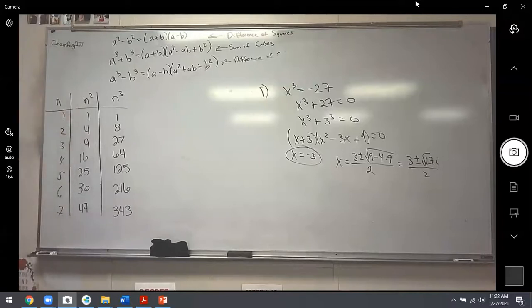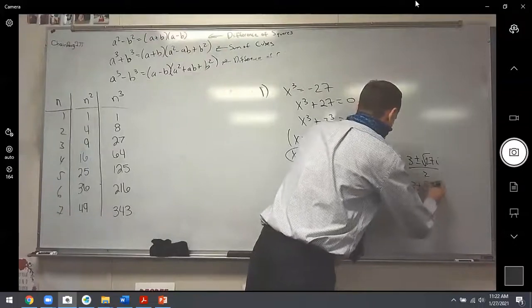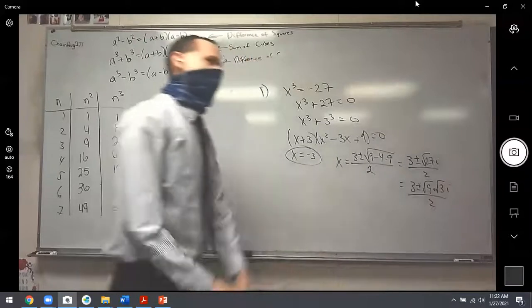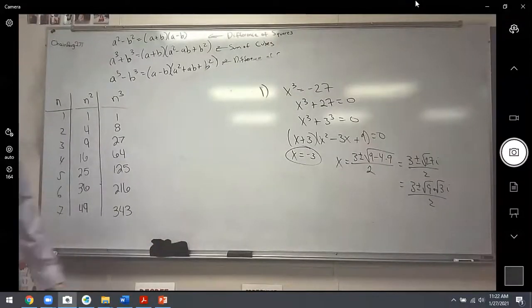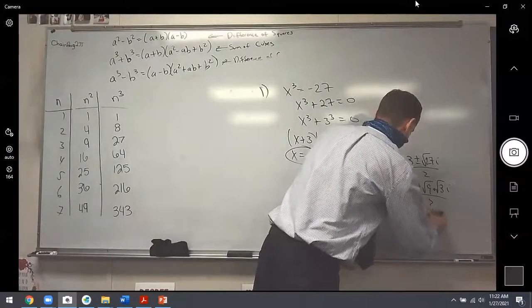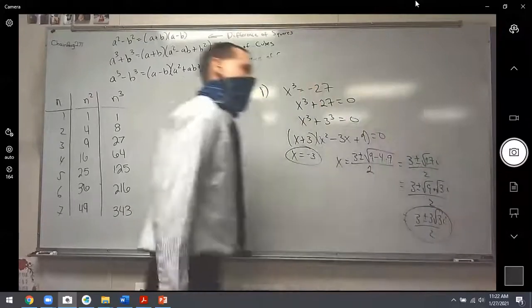And yes, 9 does. So I can do a little bit better. We can break the 27 up into a 9 and a 3. So I can write that as the square root of 9 and the square root of 3. And the square root of 9 is pretty. That's why we're doing this. It's just 3. So the final answer is 3 plus or minus 3 root 3 i over 2.